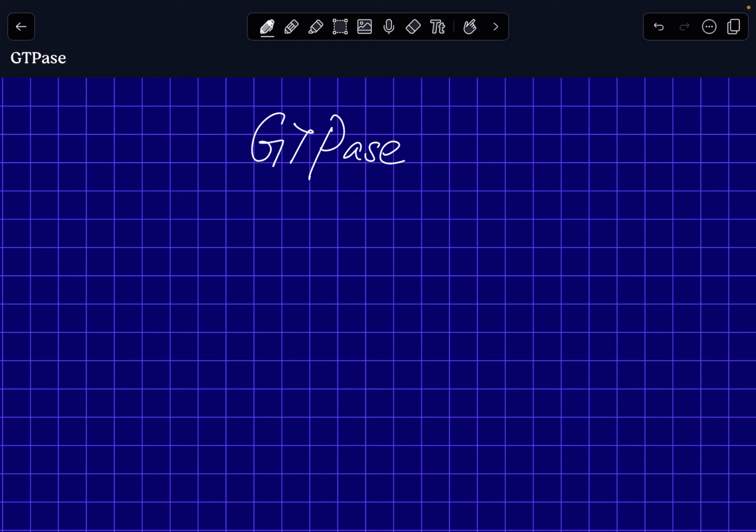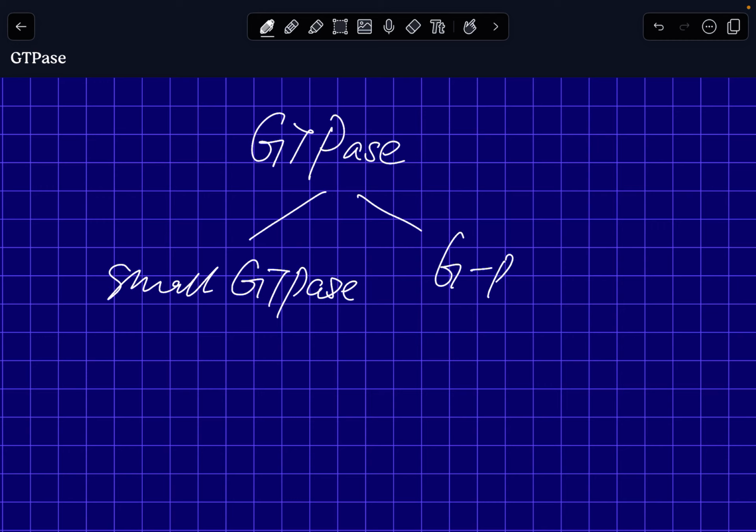All right, so GTPase is really the biggest word, okay? Under GTPase, I break it down into two categories. One is called small GTPase, and these are proteins that have a single subunit. They're small proteins. The other category is called G protein. In my video on G protein coupled receptors, I talked about the G protein that has three subunits, alpha, beta, and gamma, right?